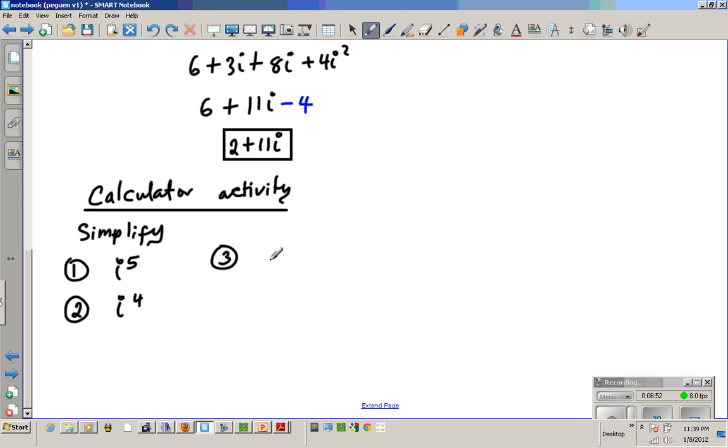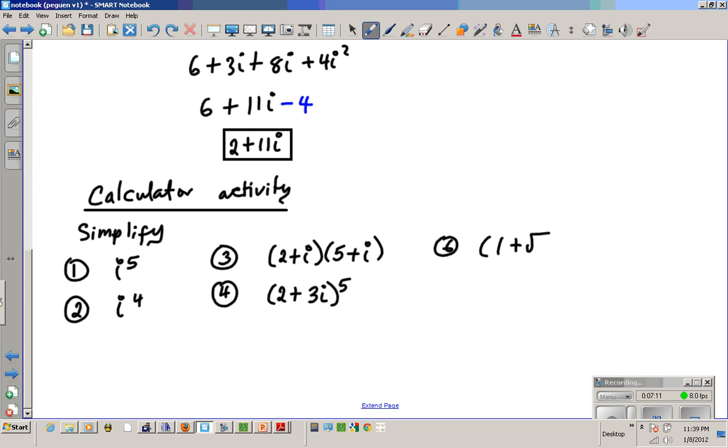Number 3, (2 plus i) times (5 plus i). Number 4, (2 plus 3i) to the 5th. Number 6, (1 plus i root 3) to the third. And then number 7 is (root 3 plus 4i) to the 5th power.